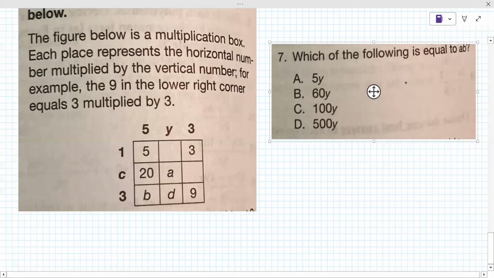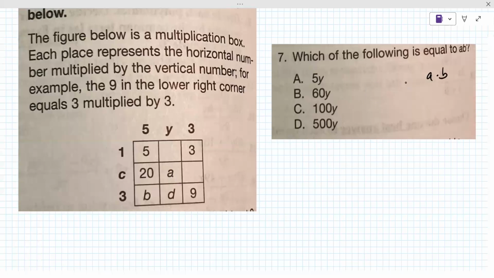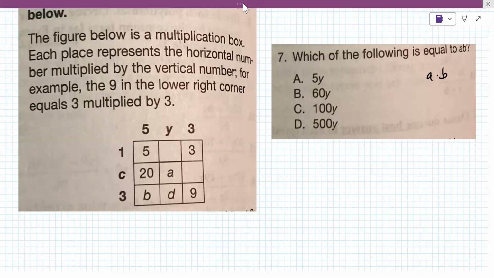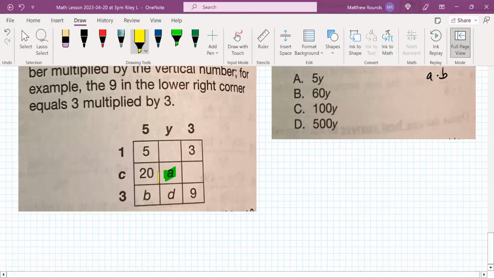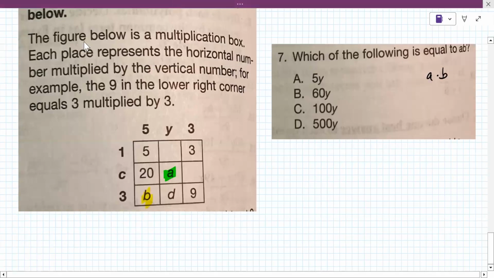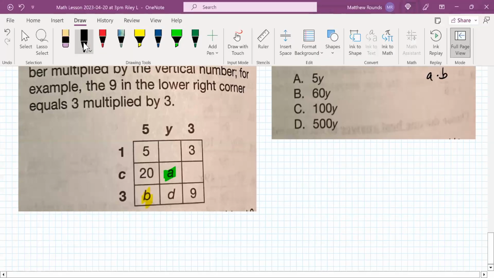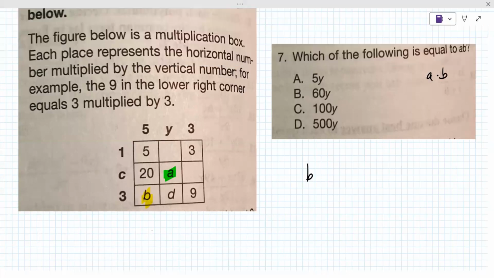So they want you to find A times B. You've got to identify those in there. There's A and there's B. Can we find the value of B? What does B equal? 15.